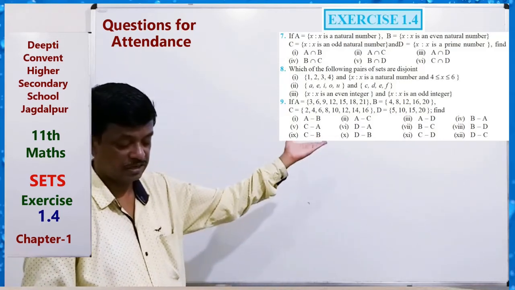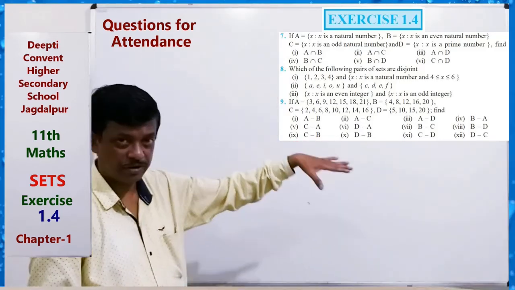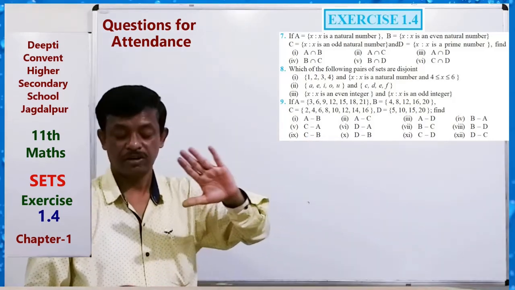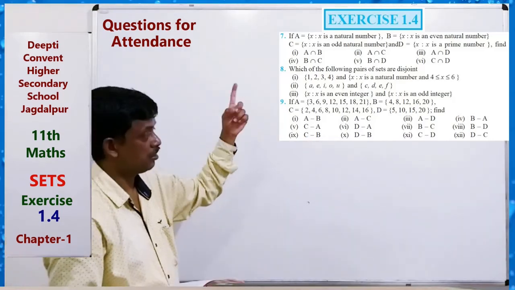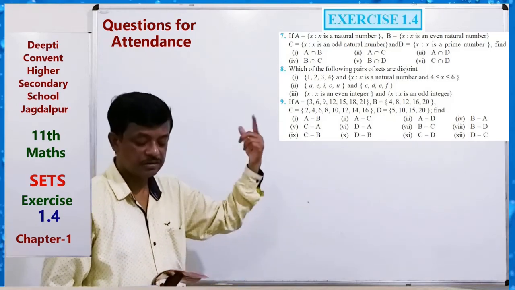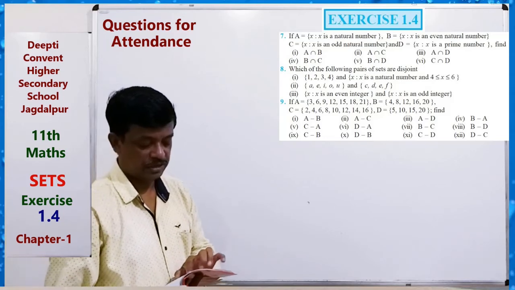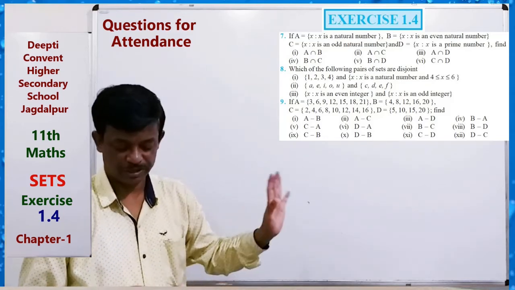Then check: is there any common element? If there is a common element, then not disjoint. If there is no common element, then disjoint. So second, A, E, I, O, U: E is common, so not disjoint.